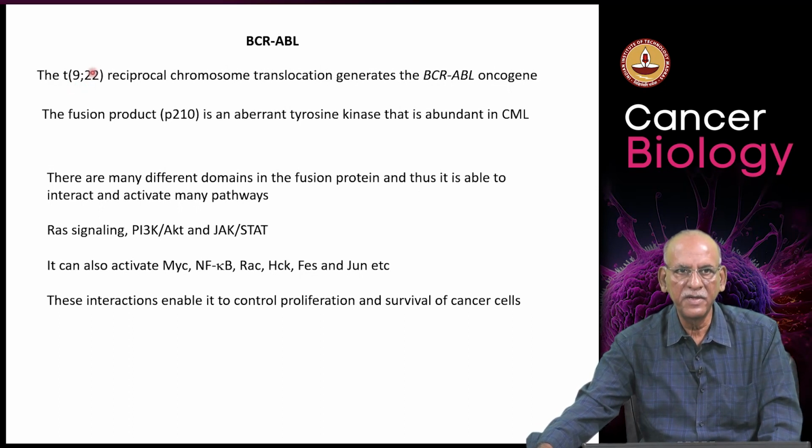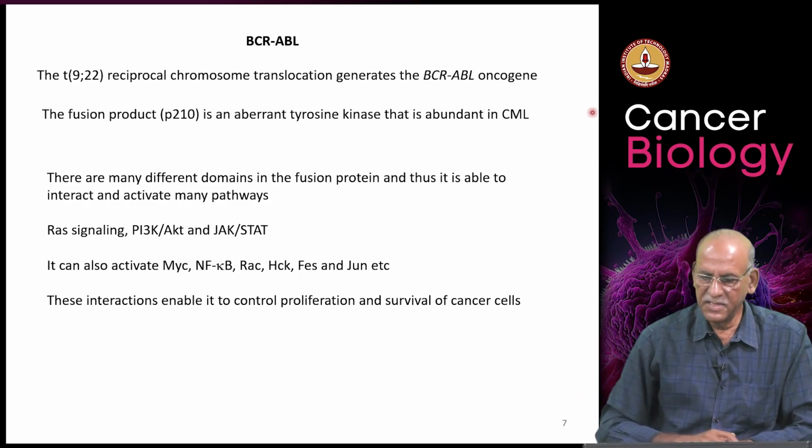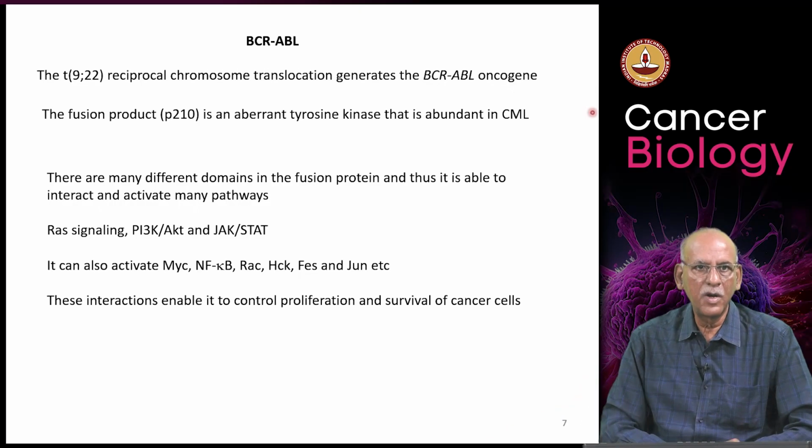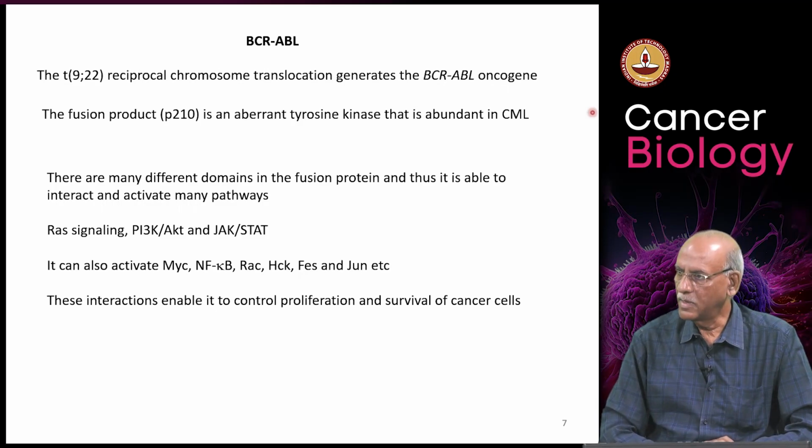Translocation happens between chromosomes 9 and 22. It generates what is called the BCR-ABL oncogene. The fusion product is about 210 kilodaltons. That is why it is called P210. It is nothing but a tyrosine kinase.